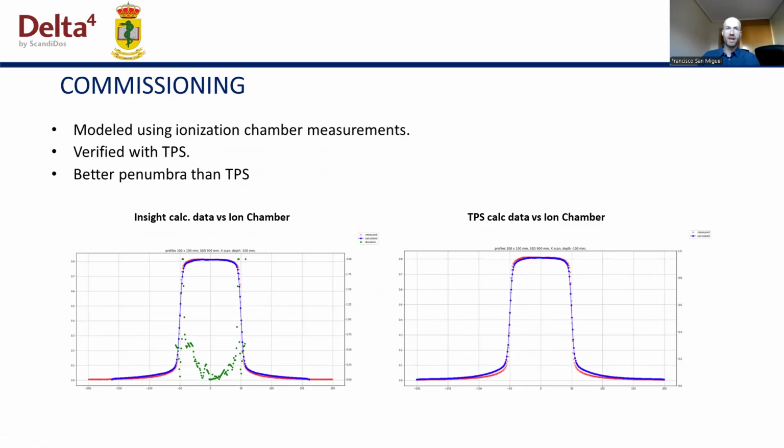In our specific case, it is important to note that, as can be seen in the image, the penumbras are better modeled in Insight than in our treatment planning system when using the ionization chamber measurement as the reference. This is highly relevant because discrepancies in those may arise when comparing the treatment planning system with Insight, allowing us to better understand the origin of these differences.